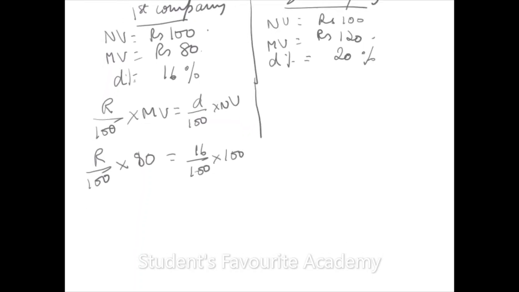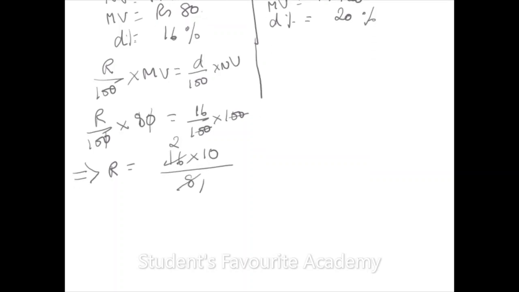So here the zeros get cancelled, so R is equal to 16 into 10, and the 8 which is multiplying will divide. 8 ones are 8, 8 twos are 16. So return percent R is equal to how much? 2 into 10, 20%. Okay, so the person is getting at the rate of 20%.